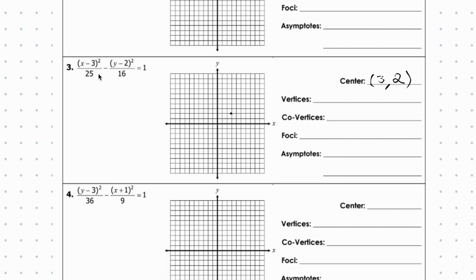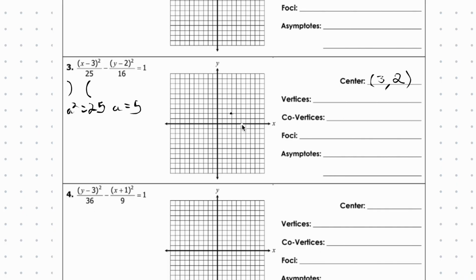And then our vertices, we're going to want to look at our a and b values. So this is going to be another horizontal hyperbola since we have our x term first. And so it's going to look something like that. Our a value is always under our first term. So a squared equals 25, which means a equals 5.